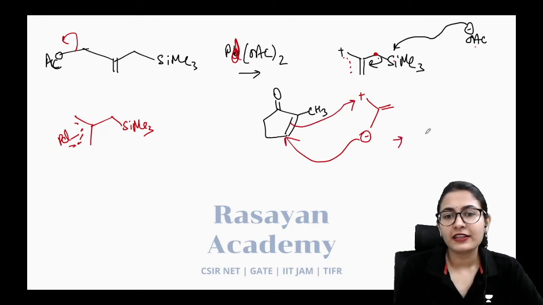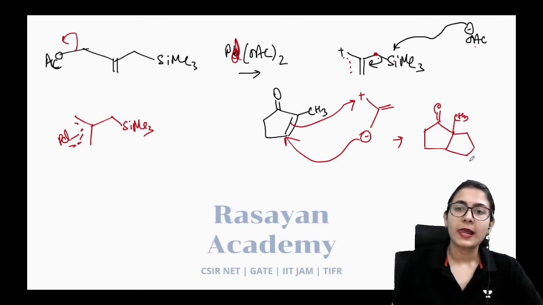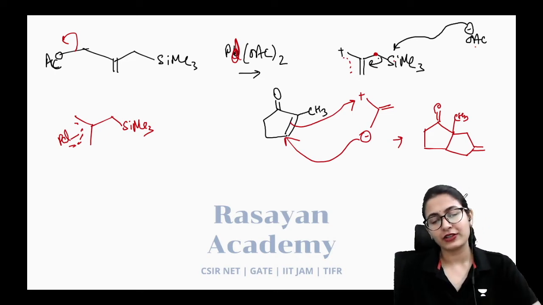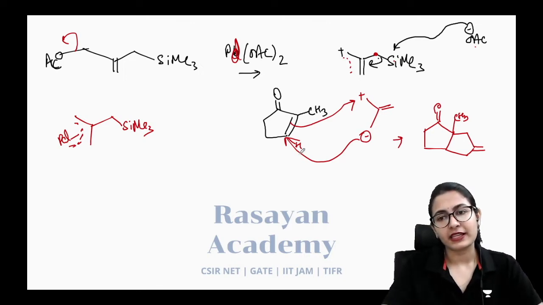Right? And you are going to get, alright, one double bond here as it is. So this is your molecule that you have got, and both the hydrogen and the CH3 are going to be on the same side since it is a concerted mechanism.